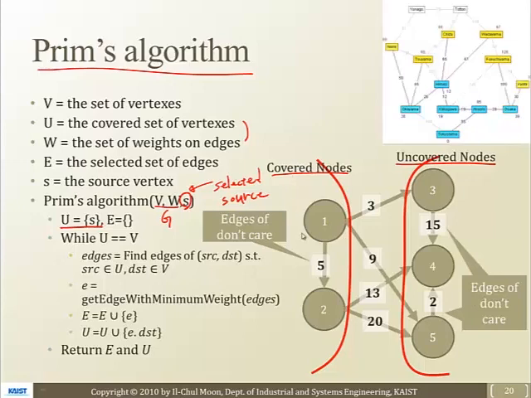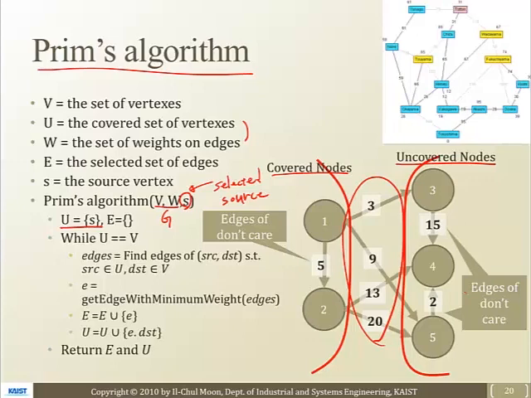When we select an uncovered node to add to the covered nodes, the thing we care about is the edges in between. Edges between the covered nodes don't matter. Edges between uncovered nodes don't matter.